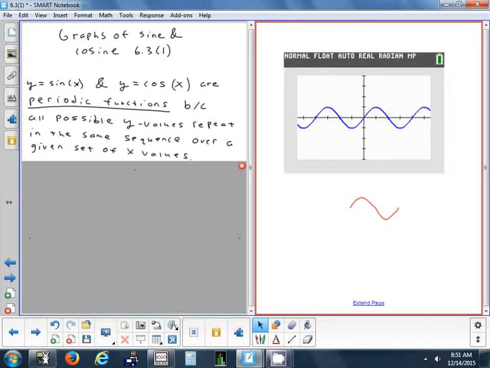Starting at 0, you go up to the highest point, which is 1, back down to 0, keep going to the lowest point, which is -1, and then back to 0. After that, it's just going to repeat itself. So here, if you copy and paste it, you get another section of it, or copy and paste it the other way, and you get another section. Does everybody see you're never going to get any y values other than between 1 and -1, forever? That never changes here.